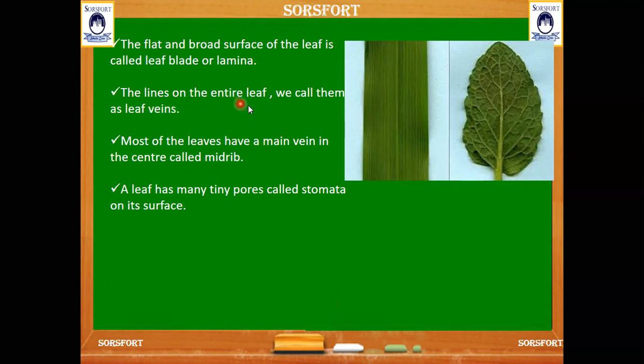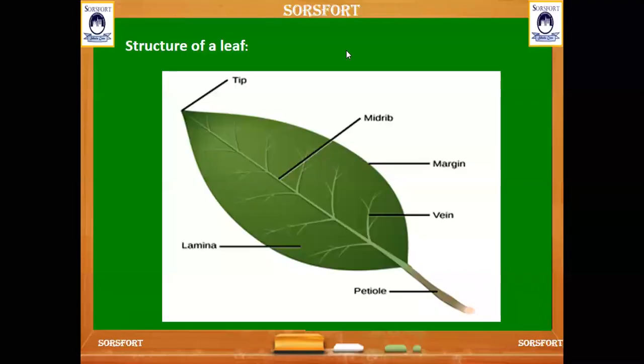The lines on the entire leaf, we call veins.